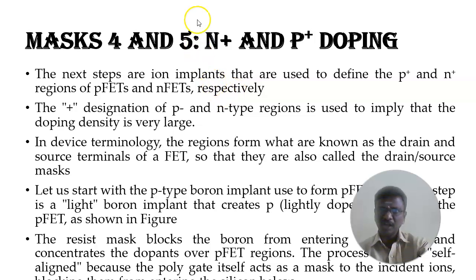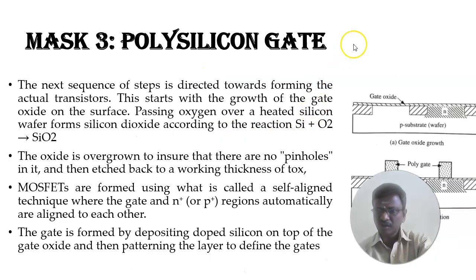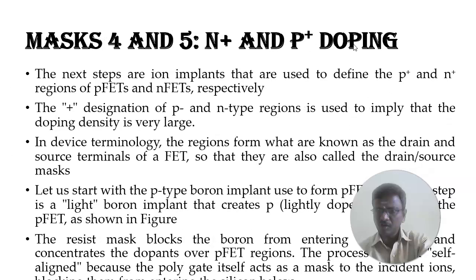Then we are going to perform the N plus and P plus doping, right? On either side of the polysilicon gate, we perform the N plus and P plus doping to create the two regions. These next steps are ion implants that are used to define the P plus and N plus regions of PFETs and NFETs respectively, right?